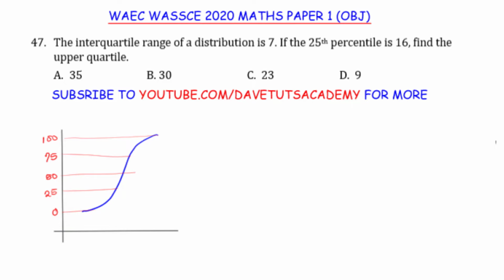Now, from this particular question, what we are being told is that we have a difference between the 25th percentile and the upper quartile. The upper quartile is the 75th percentile, so this is the upper quartile. The 25th percentile is the lower quartile, so this is the lower quartile.